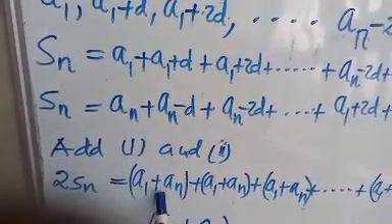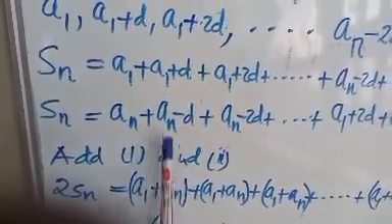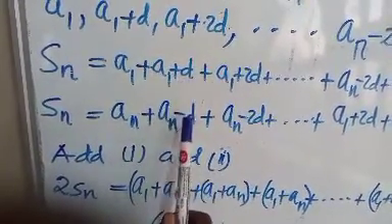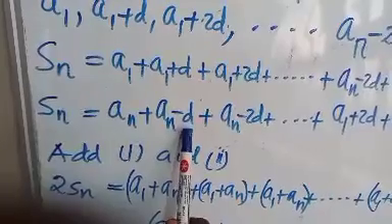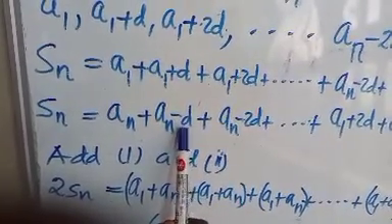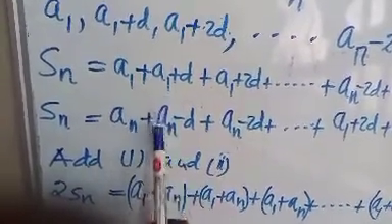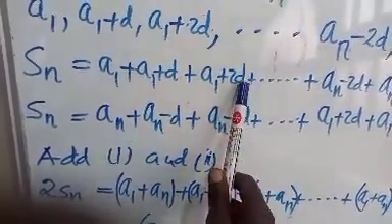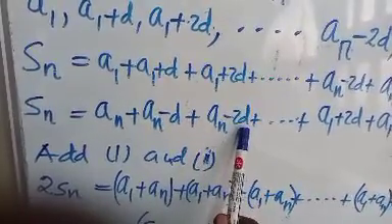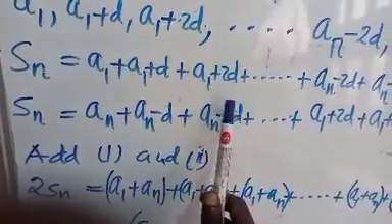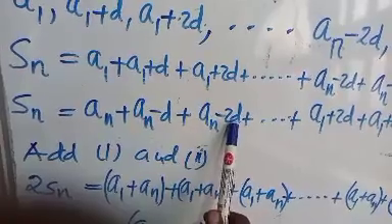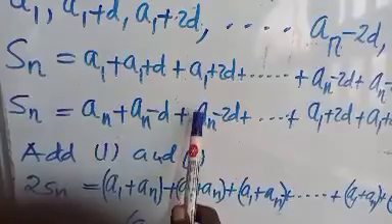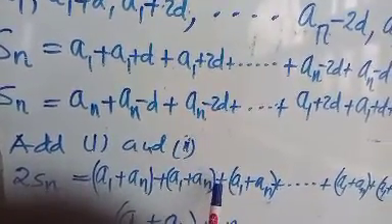This d is positive and this d is negative, so when you add them, you get 0. Then 2d and negative 2d, once added, give us 0. But we remain with a1 plus an.